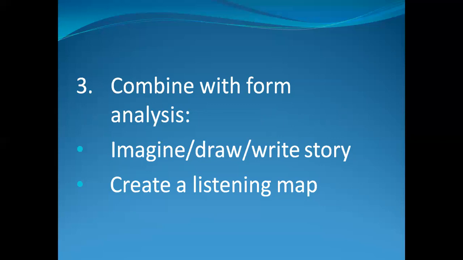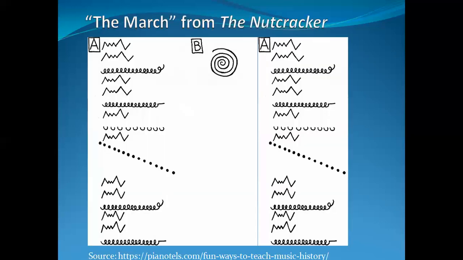Then also a great activity that you can build into your lesson is for the learners to create a listening map. So by that, I mean this. So here's the march from the Nutcracker.